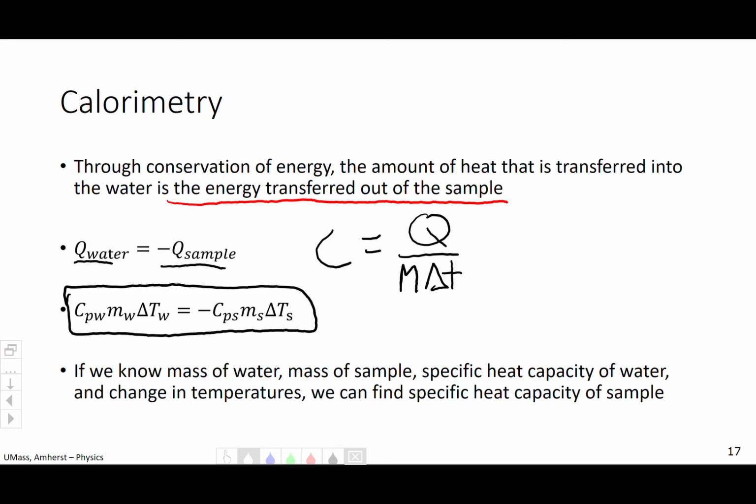The specific heat capacity of water multiplied by the mass of the sample of water multiplied by the change in temperature of the water from beginning to final is equal to the specific heat capacity of the sample times the mass of the sample times the change in temperature of the sample. If we know this, this, this, this, and this, we can calculate this.